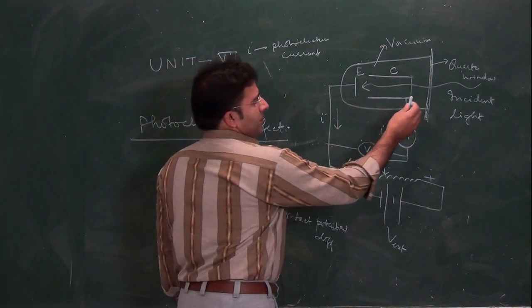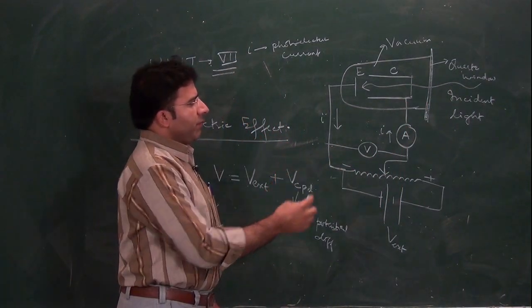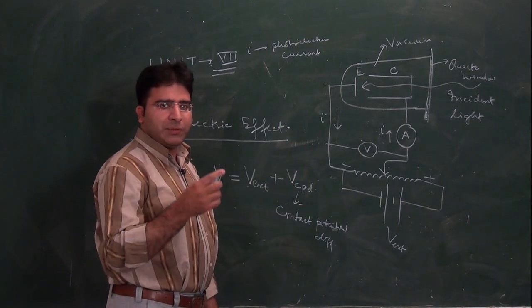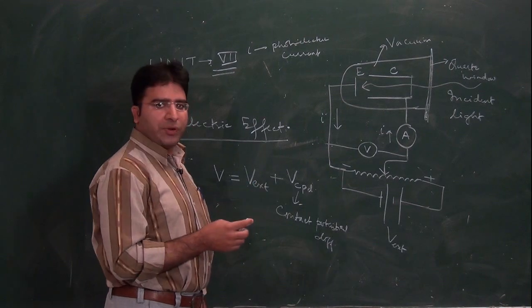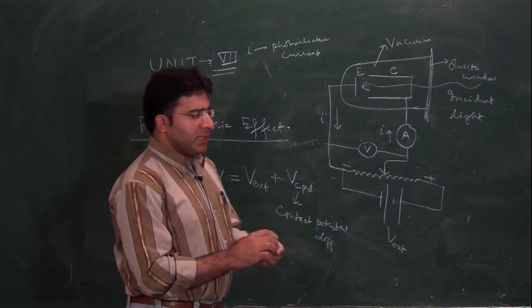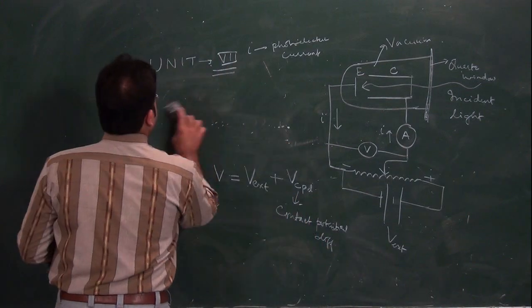And we may change another parameter, the intensity of light, keeping the frequency fixed, and see the effect of that change on the photoelectric current. When we do it, we have found certain results in this experiment. Those results are like this.